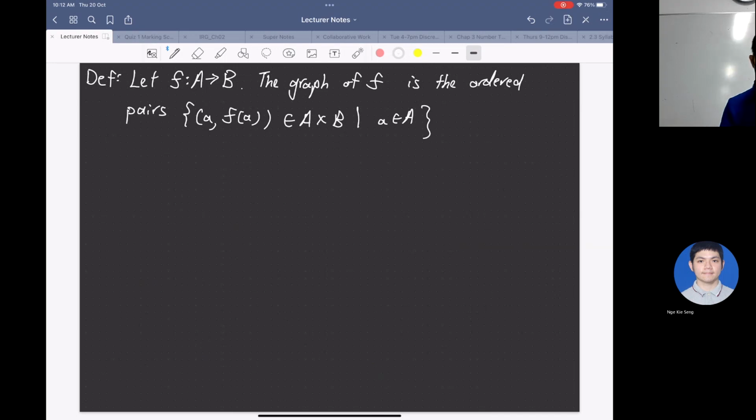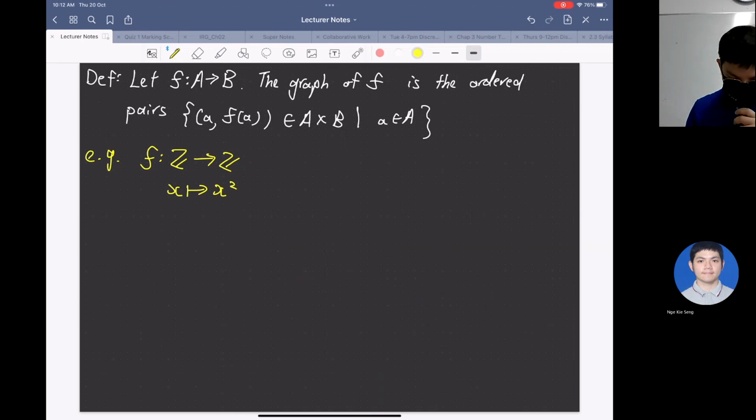Okay. So for example, we look at the function from Z to Z, also the x squared function.